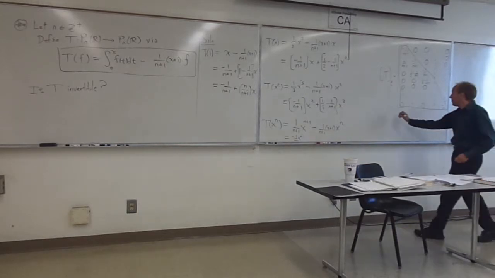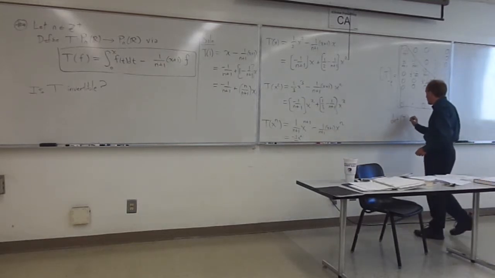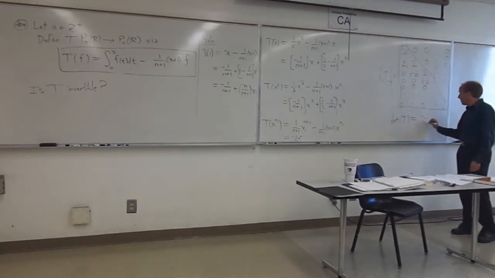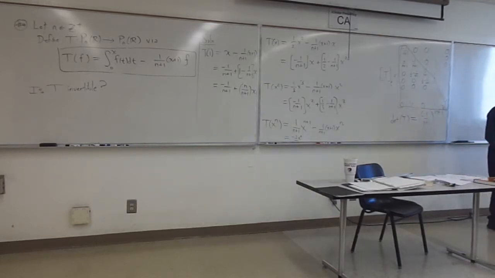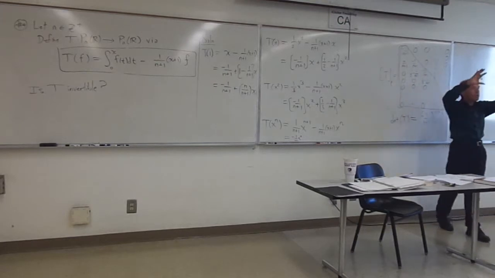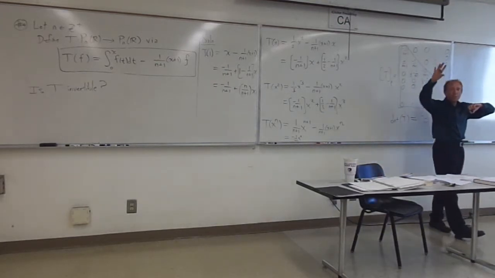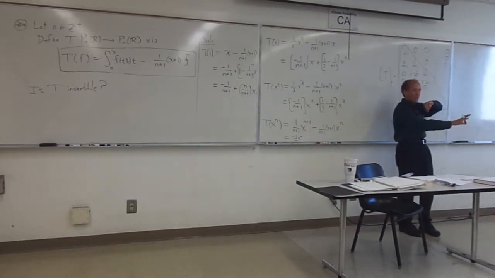Would you agree that the determinant of this matrix, and therefore the determinant of T, is just negative 1 over n plus 1 times? Because whenever you have a triangular matrix, right, the determinant is just the product of the diagonal numbers.